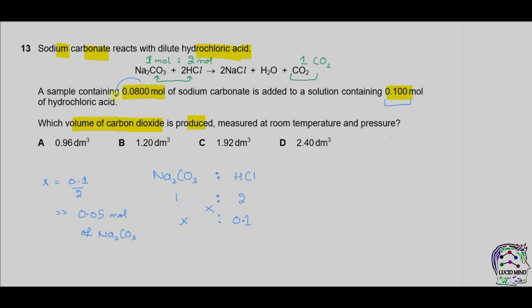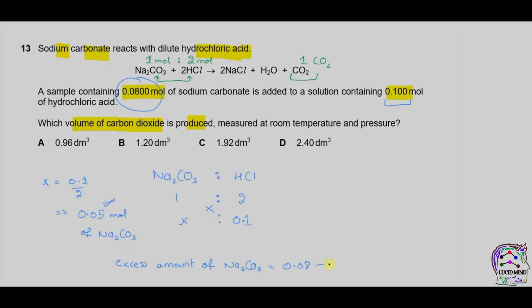Now, they have given 0.08 moles of sodium carbonate. It means this one is more than required. So sodium carbonate is in excess. We can find the excess amount. Given moles is 0.08.